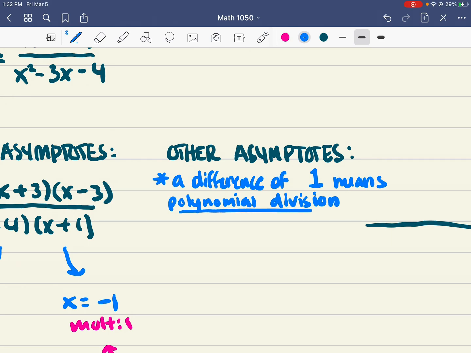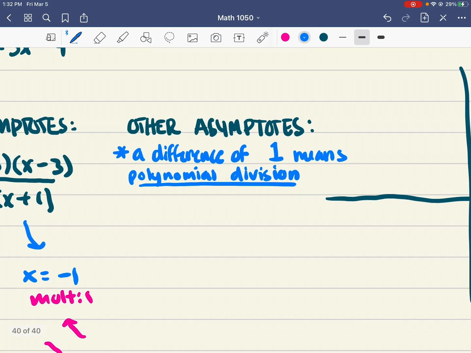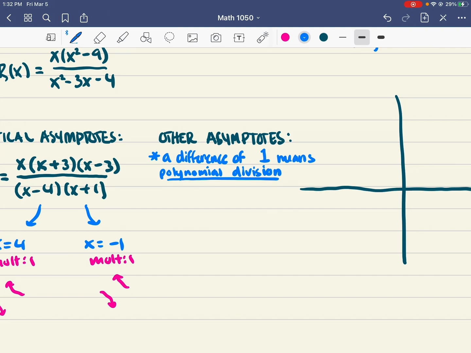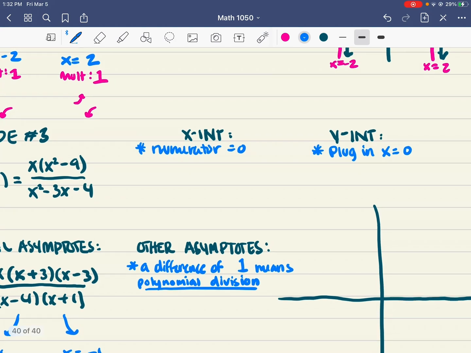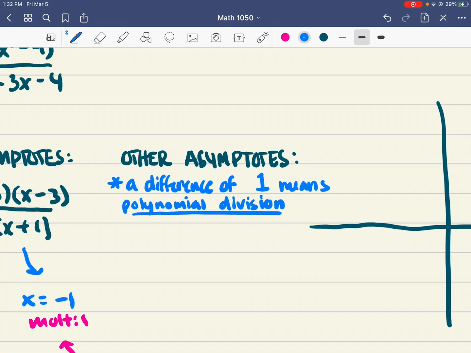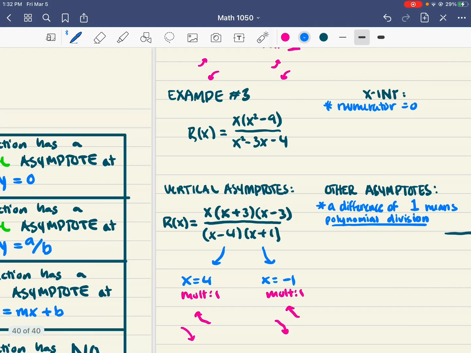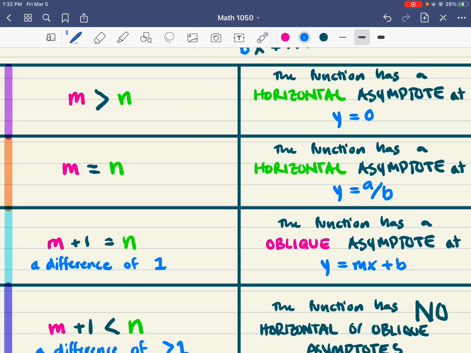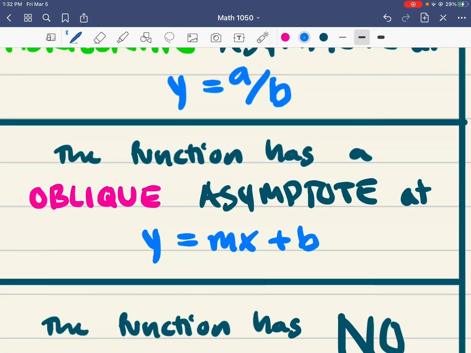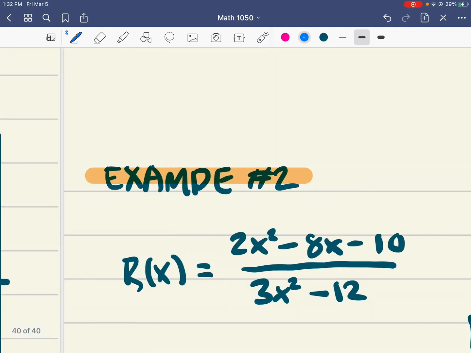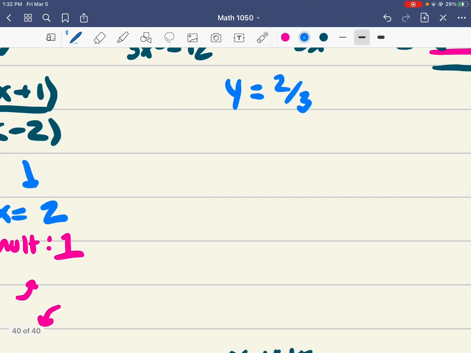You might have learned it's very easy to make mistakes when you are dividing polynomials. It's not necessarily mathematically difficult, it's just hard to keep track of stuff. Essentially, remember this is a situation where we get oblique asymptotes, that end up being not a horizontal line, it ends up being a slanted line, a line with a slope.